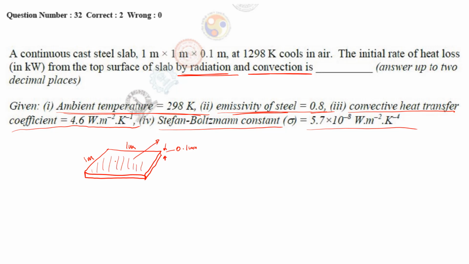The temperature here for the steel is 1298 Kelvin, right? And the outside temperature is 298 Kelvin, right? So heat is getting lost in terms of radiation plus convection, right? Convection happens through the air basically.